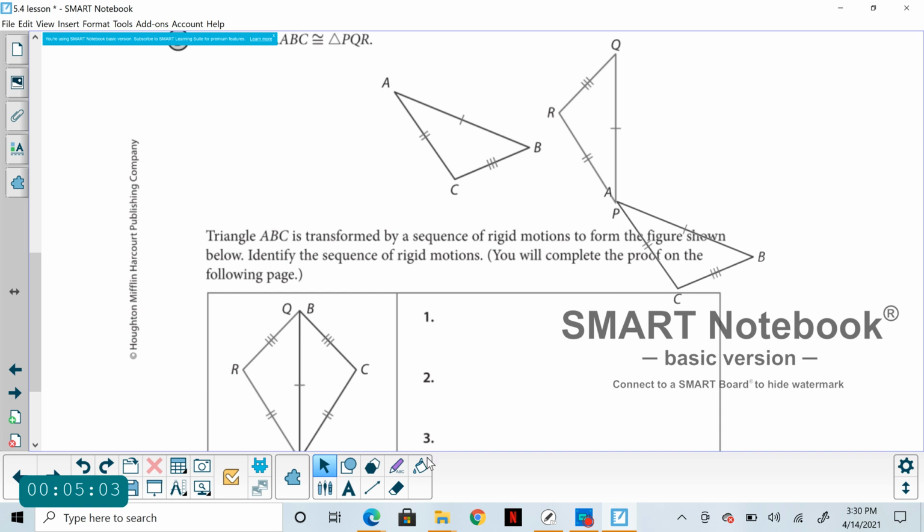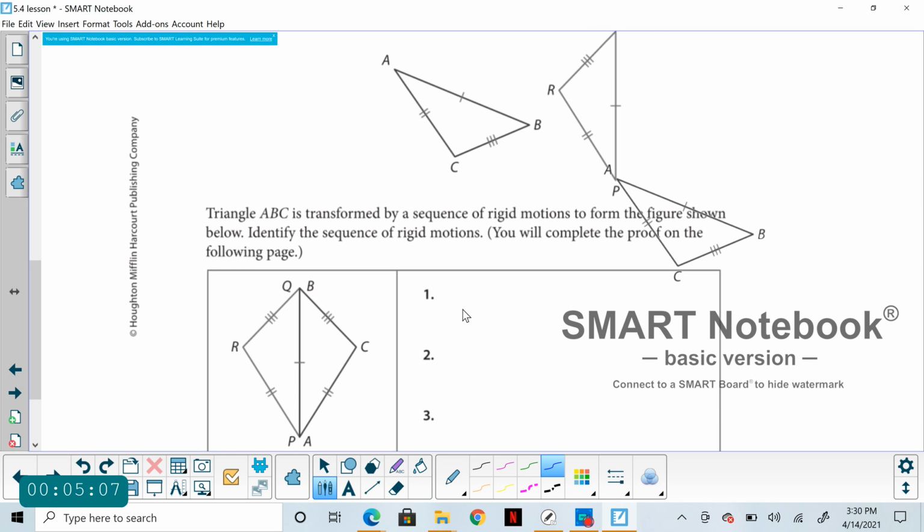Well, what kind of transformation is that? That is a translation along vector AP.